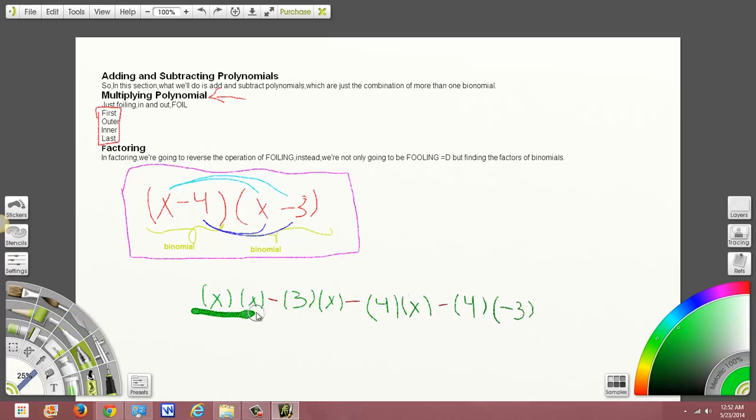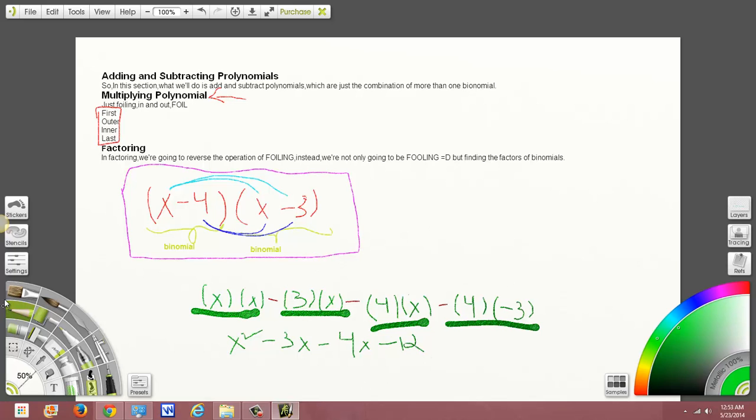So, x times x, that's x squared, minus 3 times x is 3x, and don't forget the negative signs, minus 4 times x is 4x, and lastly minus 4 times minus 3 is positive 12, because a negative real number times a negative real number is a positive real number. So now plus 12.